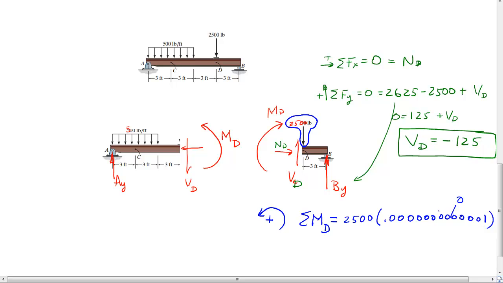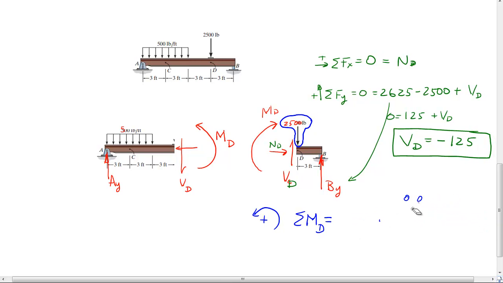And by the way, if I don't have enough zeros in there, I can just put a few more zeros, and that's still greater than 0, and it's still to the left of it. So in fact, the moment arm is essentially 0, although it's not exactly 0, and the moment produced by that load is 0 as well.